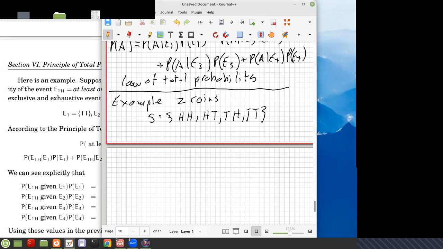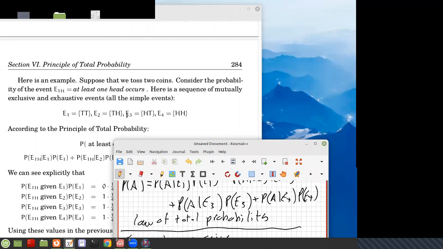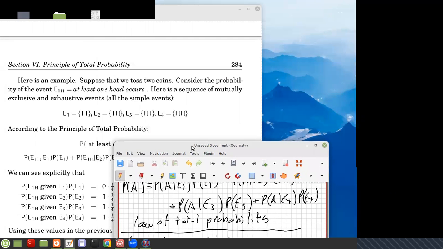Now, usually that partition is dependent on the problem that will make it simple. So there's 2 in the text. It gives the partition, says, well, you could partition it with just each element being a single set, right? Because the sample space is just the union of all the simple events.